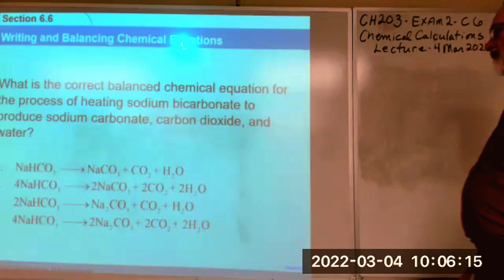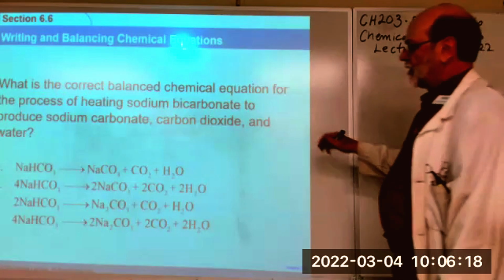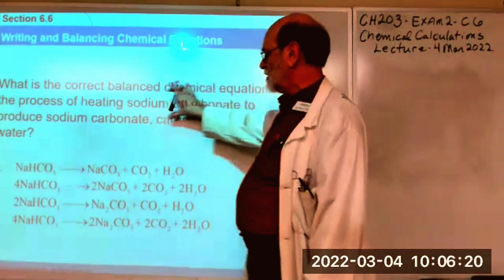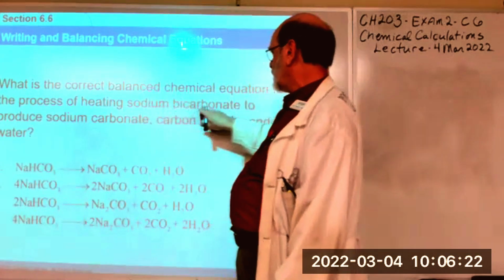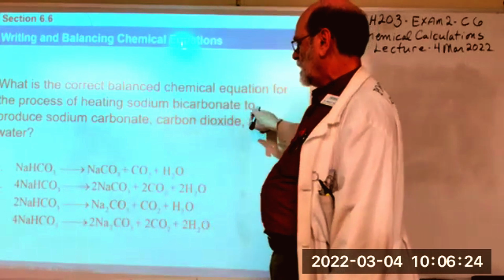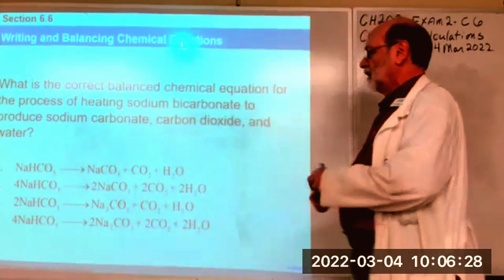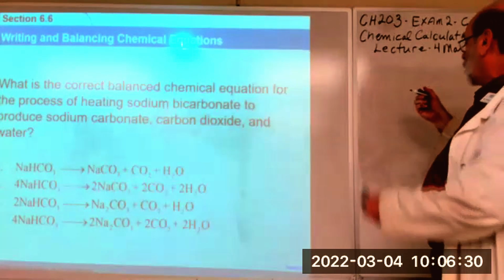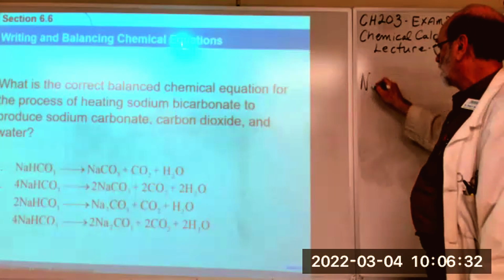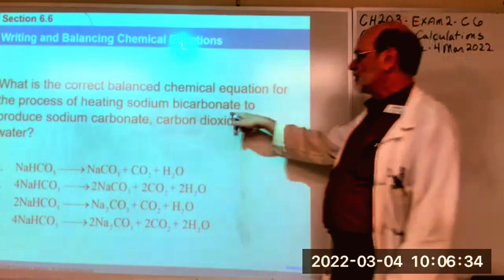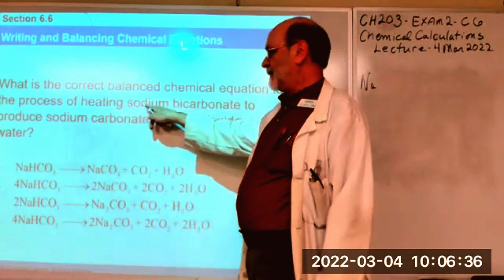Okay, so if we had this description, if we heat sodium bicarbonate and it produces sodium carbonate, carbon dioxide, and water, then we need to be able to write that equation. So what's sodium bicarbonate? Well, this is what we call now a trivial name.